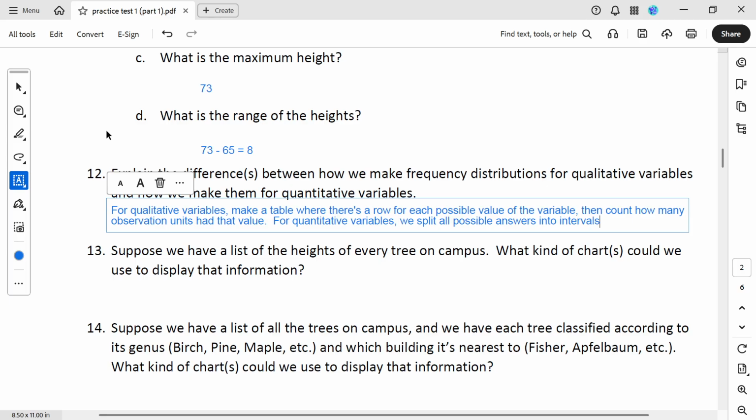And it's important to make sure those intervals are the same length. And then we count how many observation units had a value within that interval. And that's how you make your histograms.